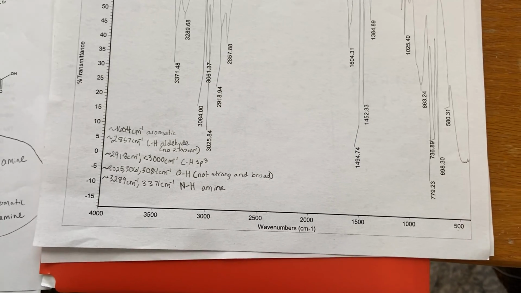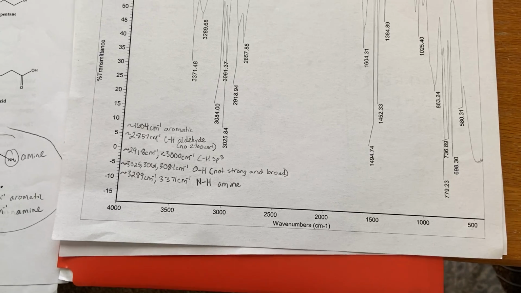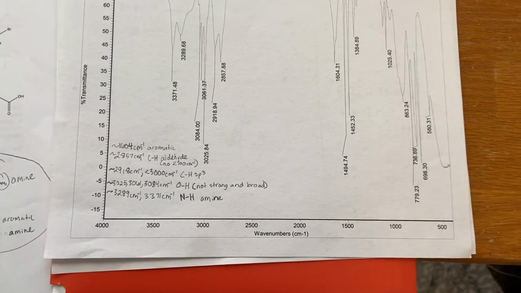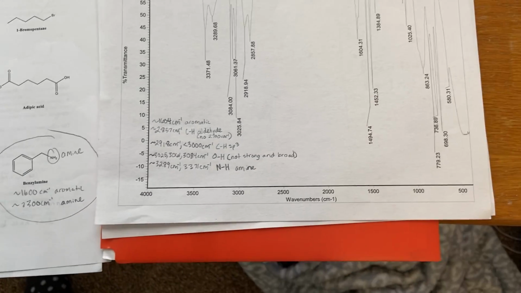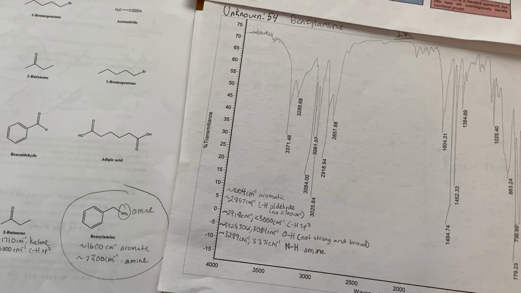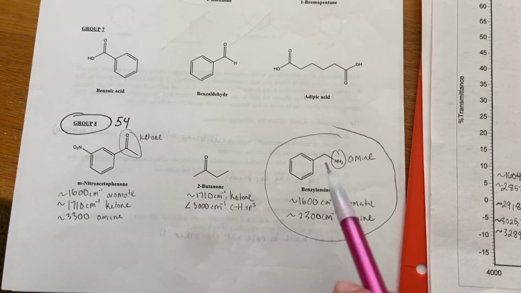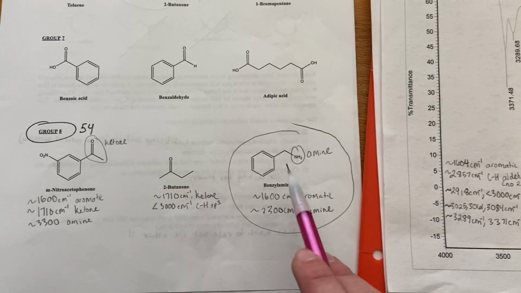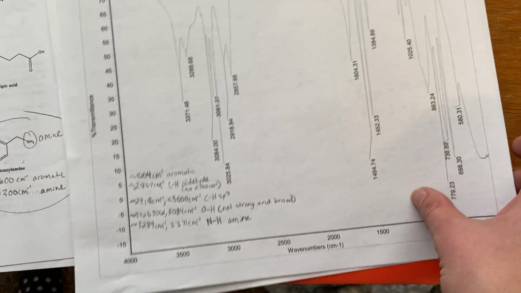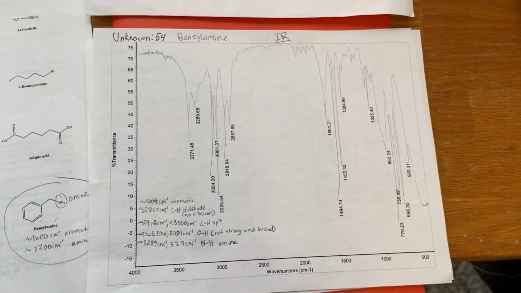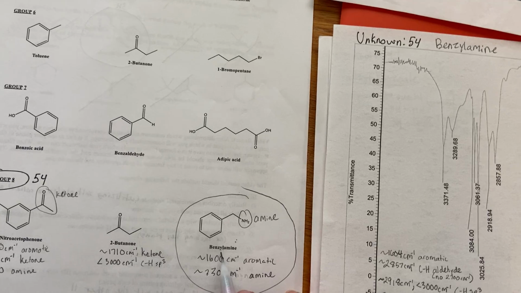And then finally, we have 3,289 and 3,371 centimeters, which would represent from our spectrum an N to H amine. And looking at that, you can conclude that the molecule from this unknown number 54 and this IR spectrum would be this molecule right here, benzylamine.